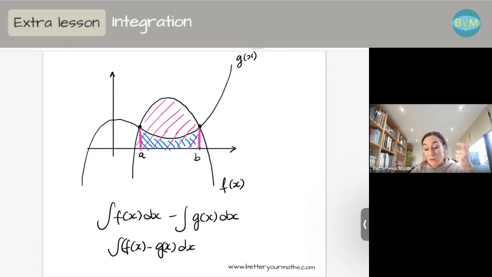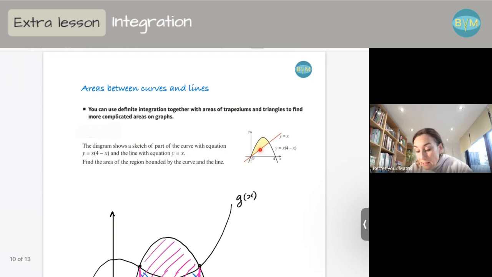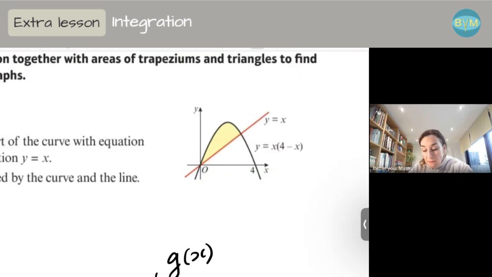And sometimes when one of them is a straight line, instead of integrating to find the area under the straight line, you can just find the area of the triangle. If you integrate this line, you're going to get the area of the triangle, believe it or not. But you can find the area of the triangle maybe faster than integrating. So up to you.